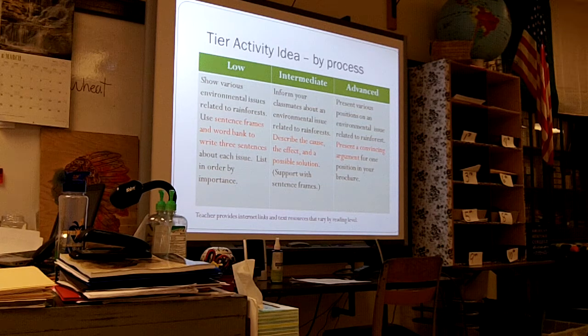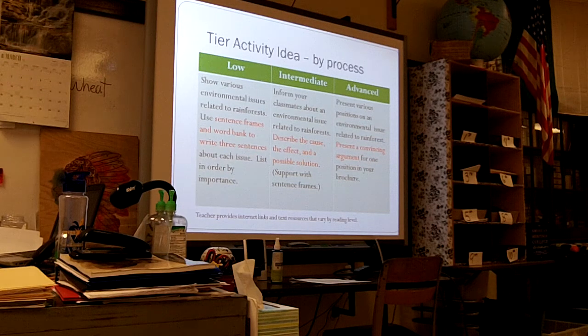When we're looking at the Costas or the Blooms, as long as you're still putting them into the same level, okay? This is all application. It's not the same level of application, right? He's writing a sentence talking about environmental issues in the rainforest, but he's applying the knowledge that he's gained to write these sentences.